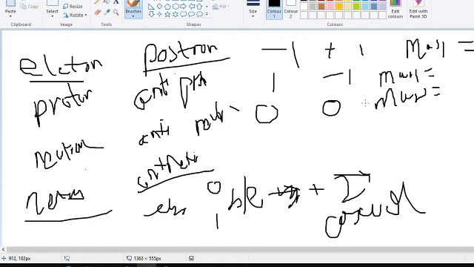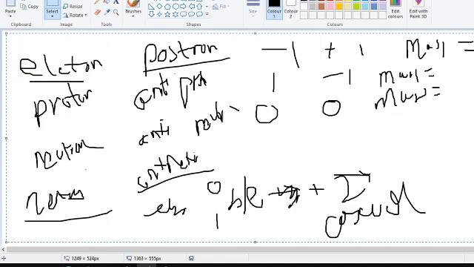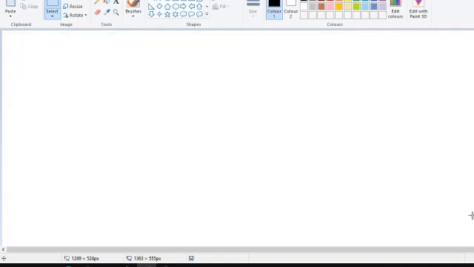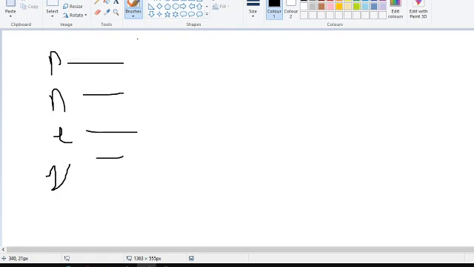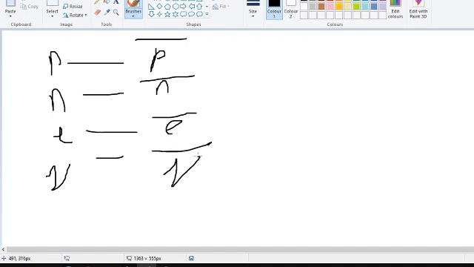And now symbols. As far as symbols go, you'll need to know this for equations and stuff. Yep, we all love equations. So proton, neutron, electron, and neutrino. The antiparticles of these will be, surprise surprise, the same with a line over them.